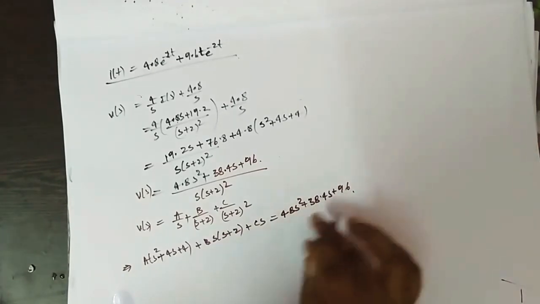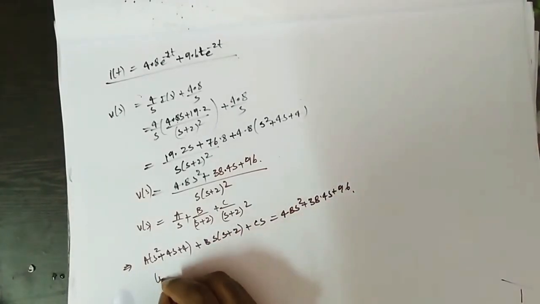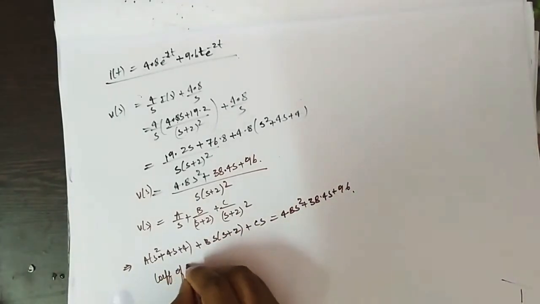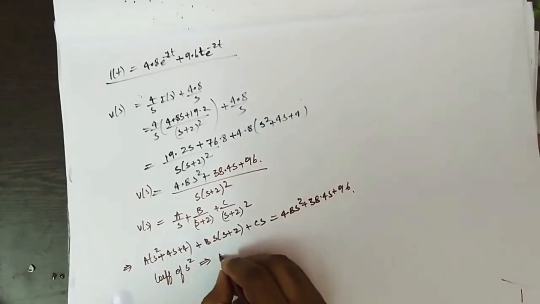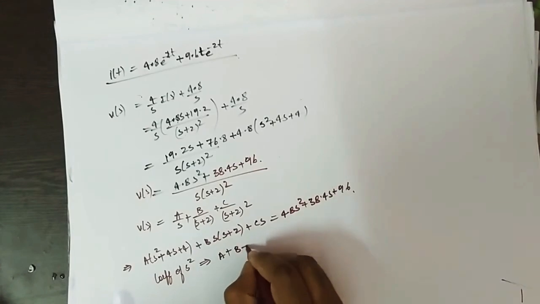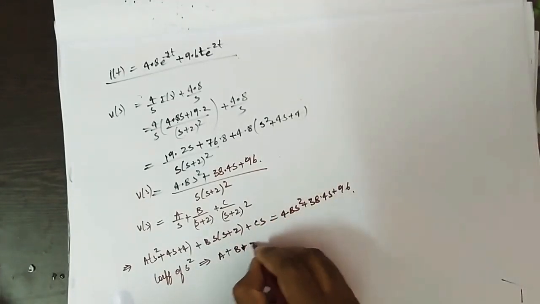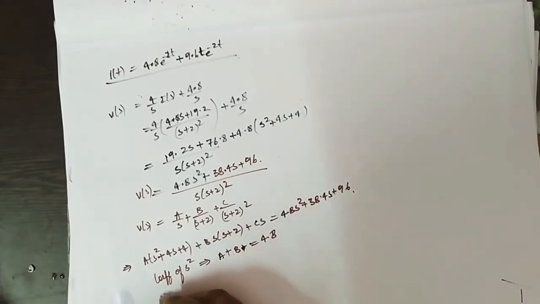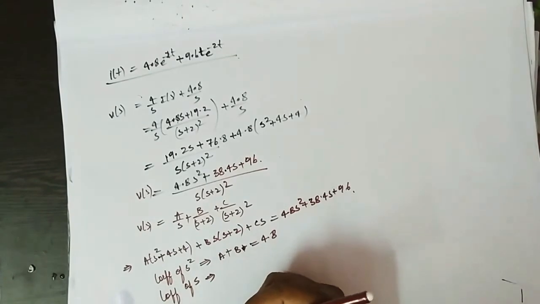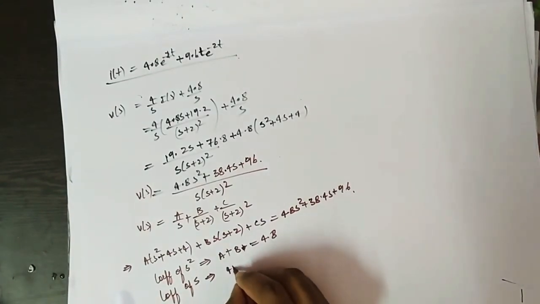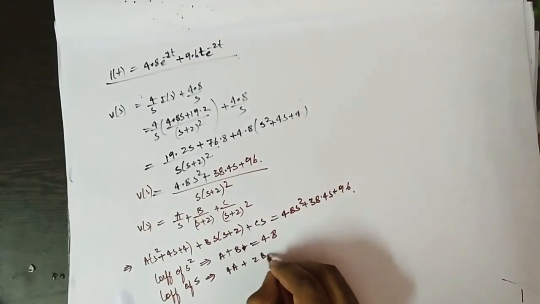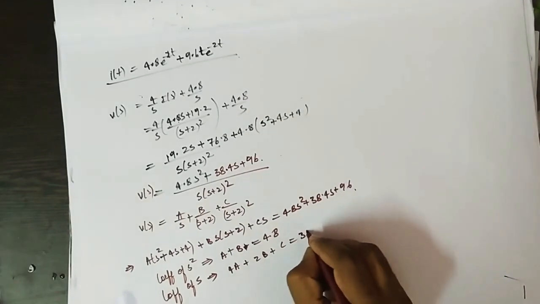Equating the coefficient of s square, in this term you have A, and in this term you have B, and there is no other term here. So A plus B equal to 4.8. Again the coefficient of s: 4A plus 2B plus C equal to 38.4.